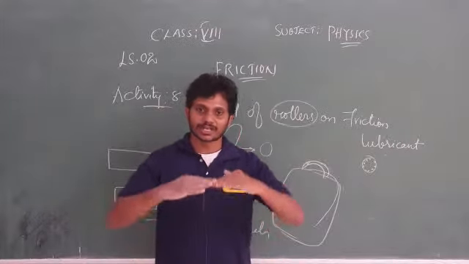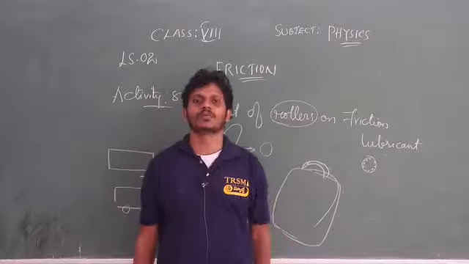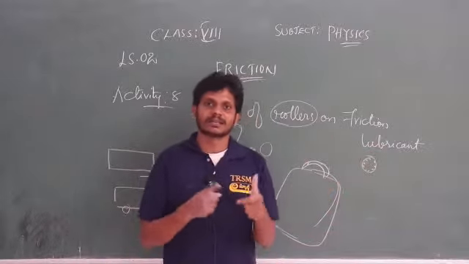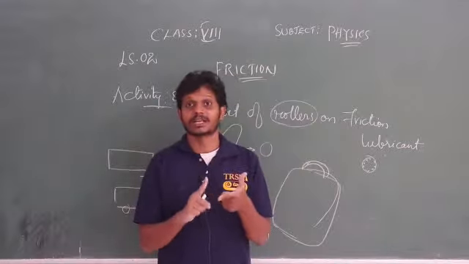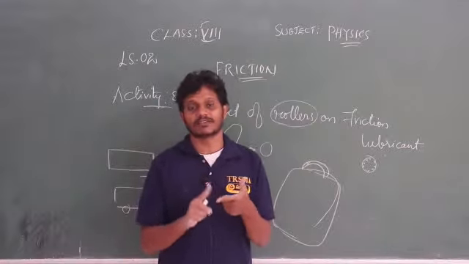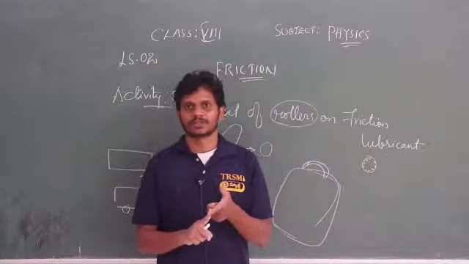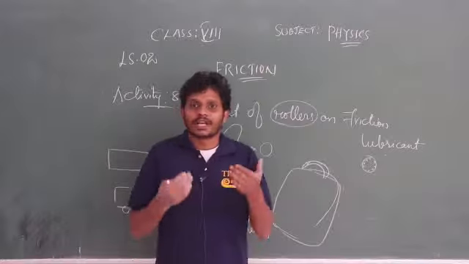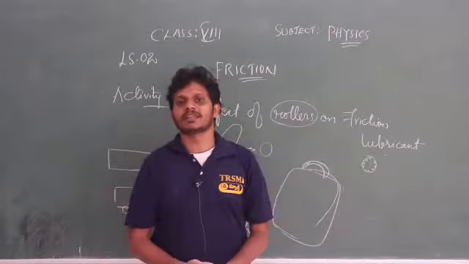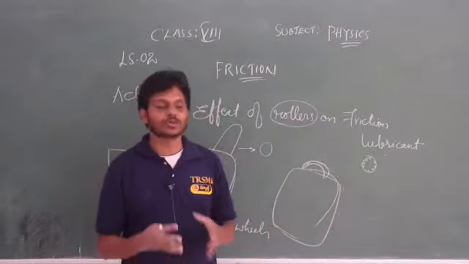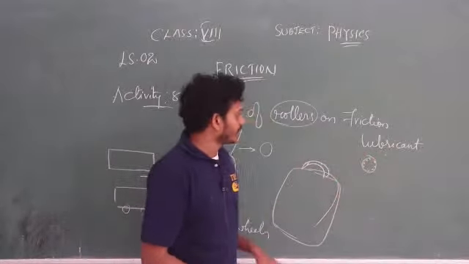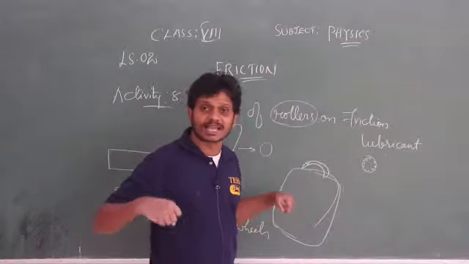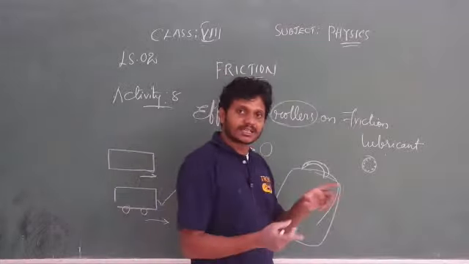Oil is a lubricant. Graphite is also a lubricant. Grease also behaves as a lubricant, which reduces the friction and increases the speed. So both of these behave as lubricants and make the cycle move faster.